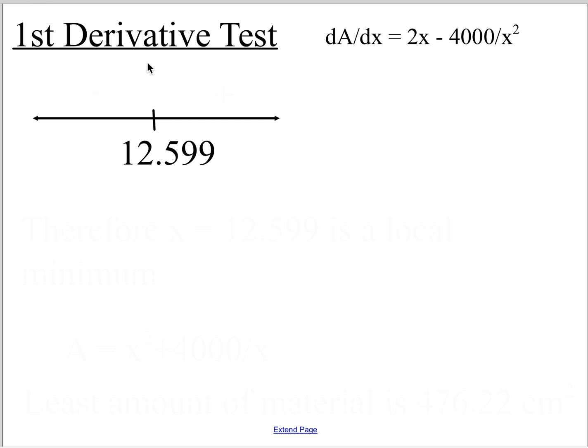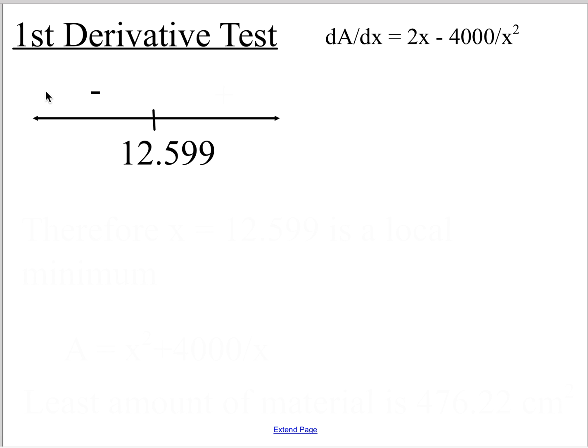Something that might look a little different is I'm just going to make a quick number line. I'm not going to make my table. I just know I have to pick a value before 12.599 and pick a value after, and plug it into my derivative. So let's say I plug in 10, for instance. I get 2 times 10 is 20, minus 4,000 divided by 100. So in that case, I get 20 minus 40. I get a negative value.